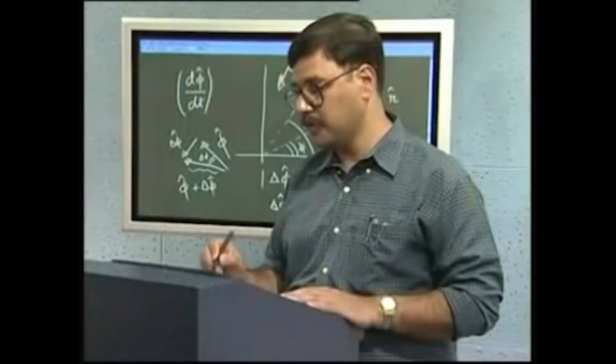You can already sense that this is in the radial direction, but pointing the other way. So, this angle is delta phi, this magnitude is 1, so the magnitude of the change is delta phi itself, and the direction is in the direction of r, but in the opposite direction. So, minus delta phi r.